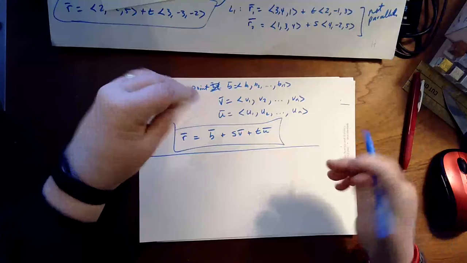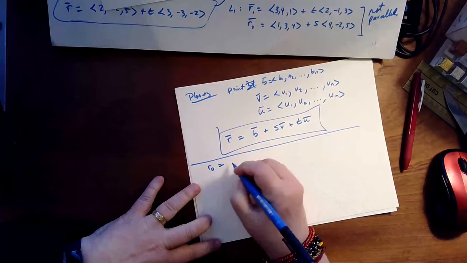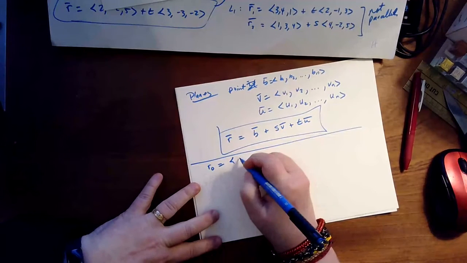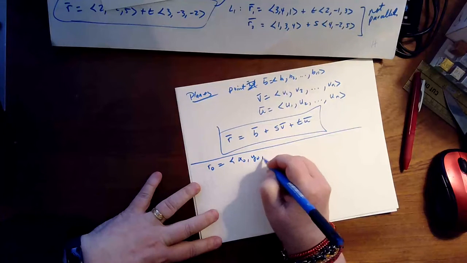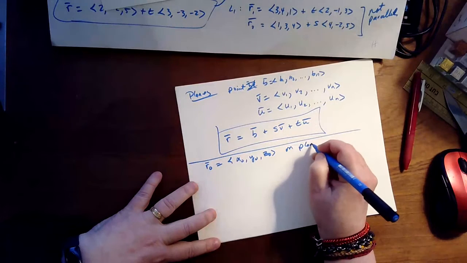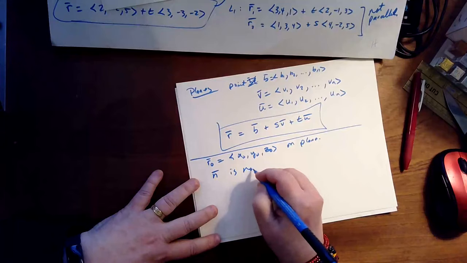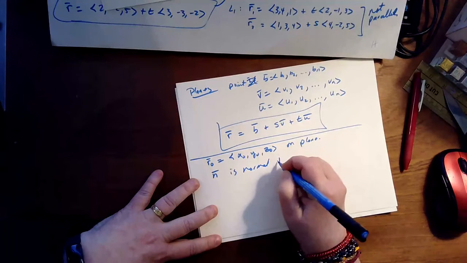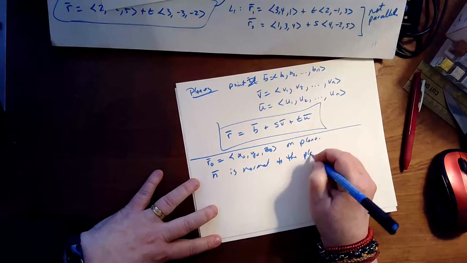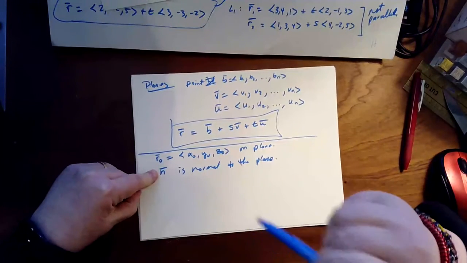If I've got that and I've got a point on the plane, then I can describe the equation for that plane. Let's say I know that R naught equals (x naught, y naught, z naught) is on your plane. And I know that n is normal to the plane. N has to be normal to all the vectors on the plane, to everything on the plane.